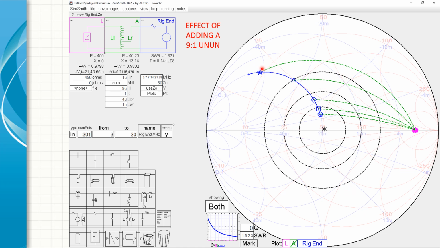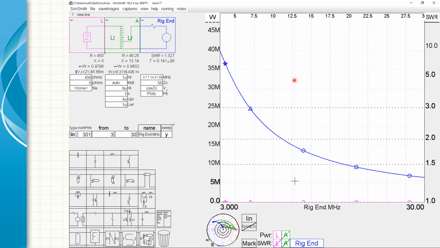I want to see where my 80 meters, 40 meters, 20 meters, 15 meters, and 10 fall at these frequencies: 3.7, 7, 14, 21, 28. All those 5 bands. And it just naturally falls that everything but 80 meters is already within 3.0, which is often what an auto tuner in a rig can handle. And this is what the SWR chart would look like. Here's 3.0, here's 40 meters, 20, 15, and 10.